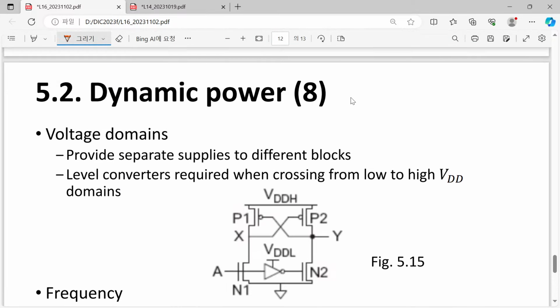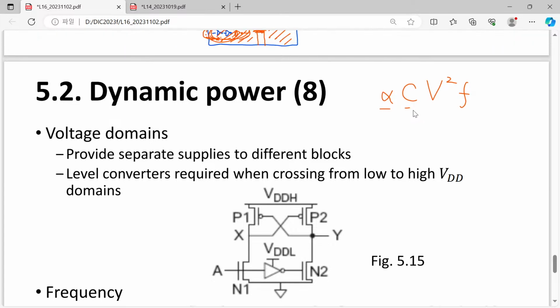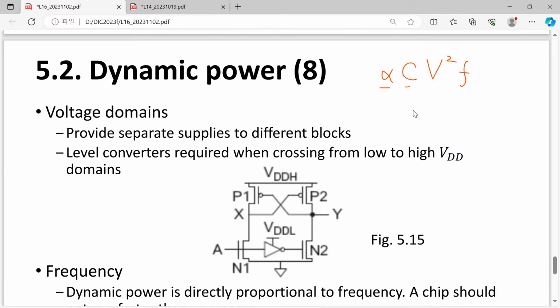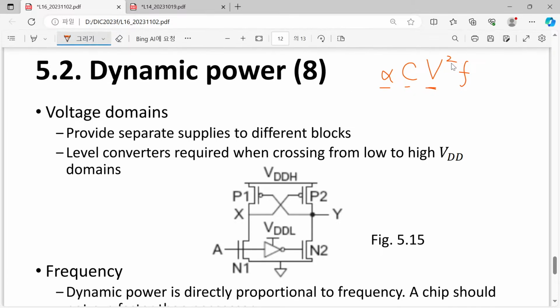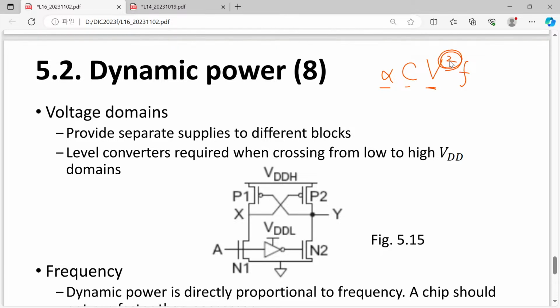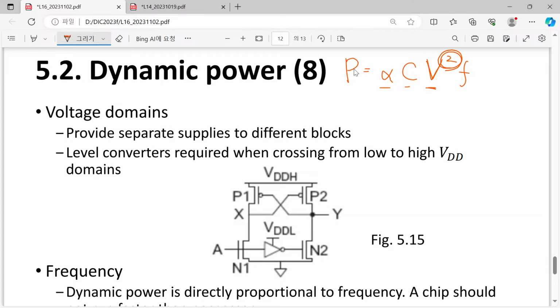So we are now talking about alpha and C V square F, and we have covered these things. And in this last slide, I think we are talking about voltage and frequency. And here we have voltage, and even worse, voltage is quadratically contributed to our power consumption.